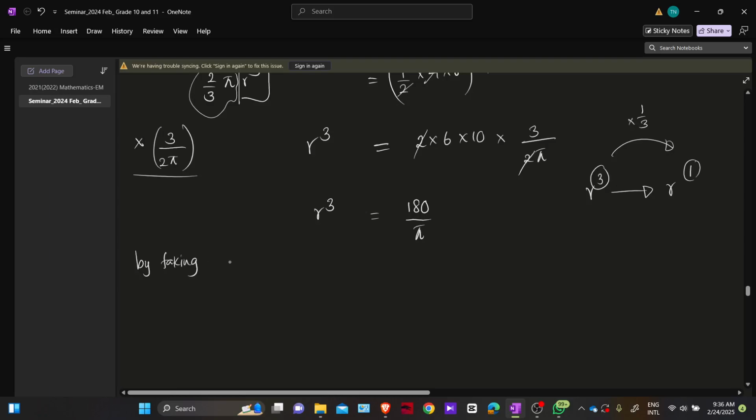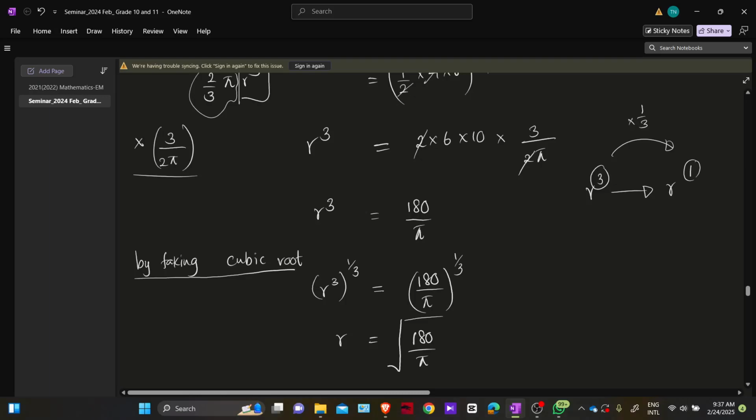By taking cubic root, this will be r. r equals the cubic root of 180 over pi.